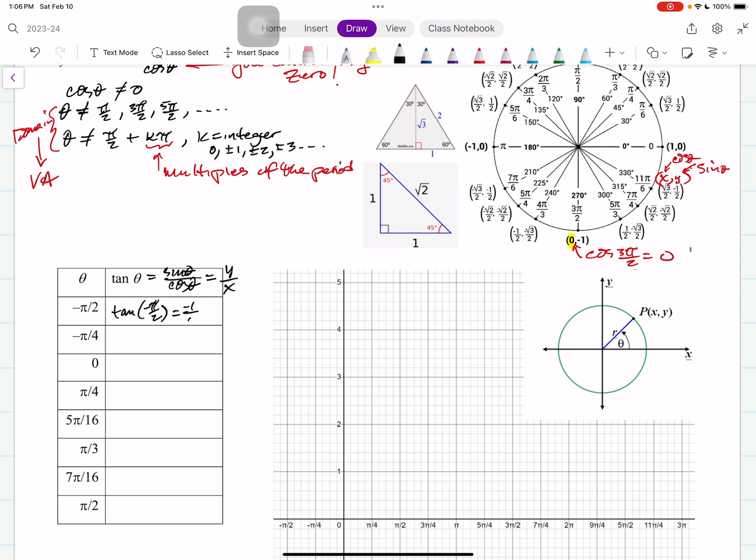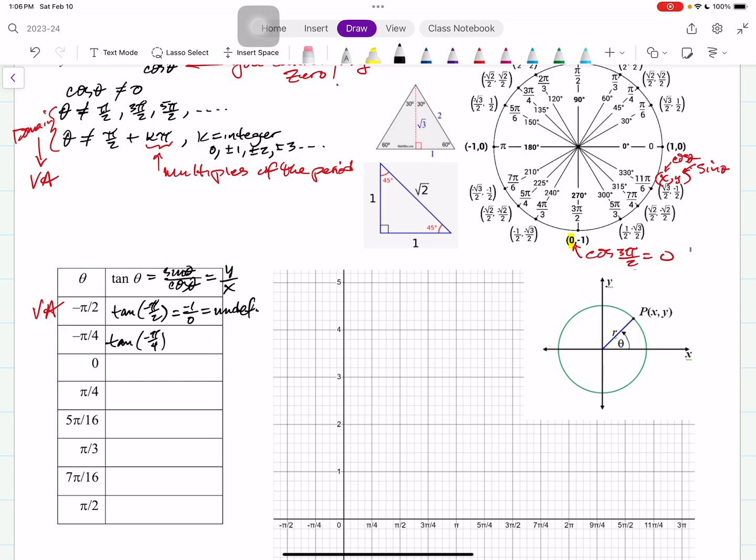Okay, negative 1 divided by 0. And of course, guess what? That's undefined. And we already knew that was going to happen because we analyzed the domain first. So we have our first vertical asymptote by evaluating the function, which backs up what I said earlier, which is kind of nice.